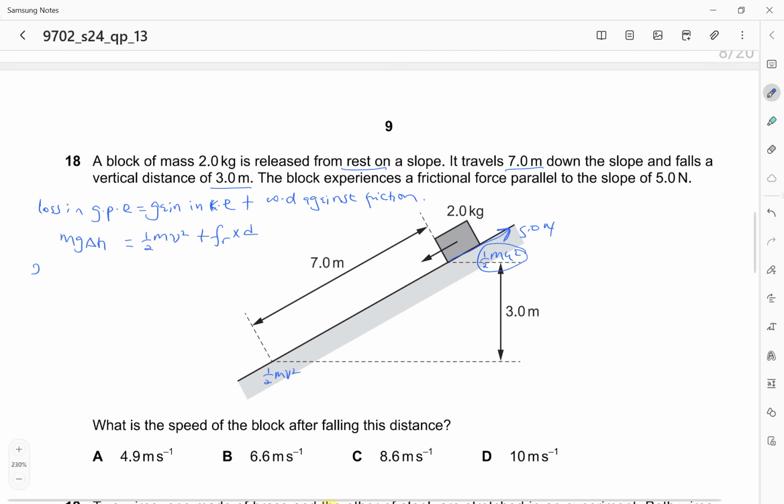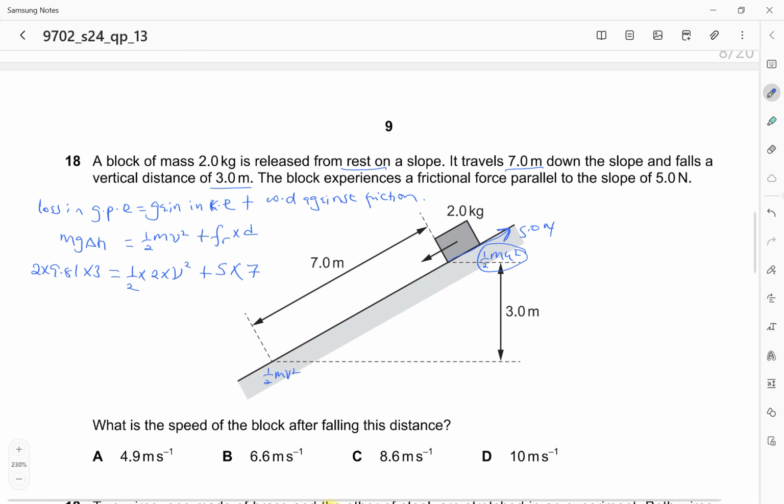So I'm just going to substitute. The mass is 2, g is 9.81, the vertical height is 3. This is going to be equal to a half times the mass, which is 2, times v squared, plus the frictional force, which is 5 newtons, times the distance, which is 7.